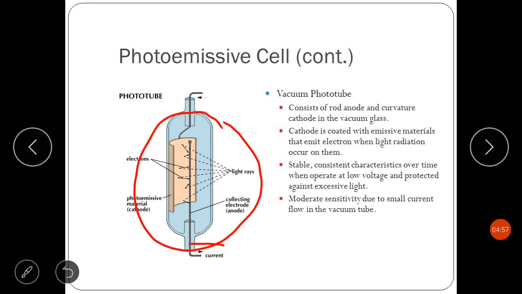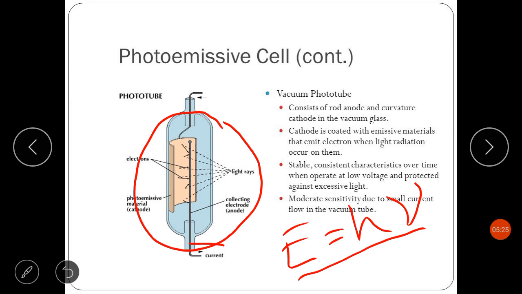Electrons are emitted, but not instantly. As we know from quantum theory, light consists of photons, and each photon has an energy E equal to h nu.